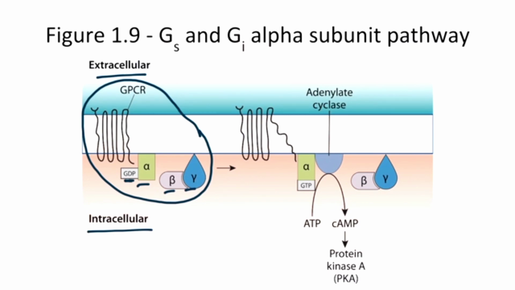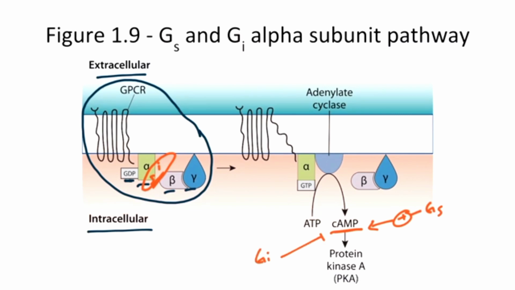So we could say this is the GS or the GI alpha subunit, depending on the next step in the pathway. For step 1, you need to know that the GS pathway causes activation of cyclic AMP, and the GI pathway causes inhibition of cyclic AMP. So the GS pathway stimulates this, and the GI pathway inhibits this.